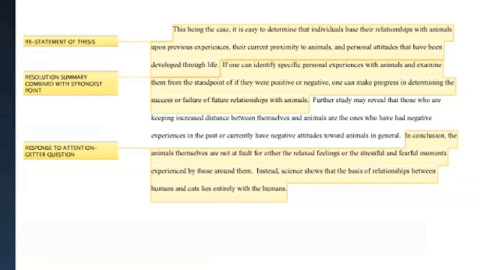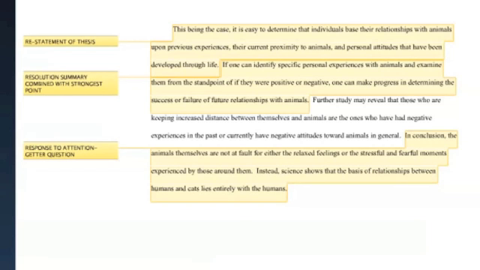Further study may reveal that those who are keeping increased distance between themselves and animals are the ones who have had negative experiences in the past or currently have negative attitudes toward animals in general. So apparently, as the paper was developed, this idea of the attitudes and experiences was probably the most important part. It may be the part that had the most scientific research. And so there was a need there for an extra sentence to summarize the resolution of the problem.